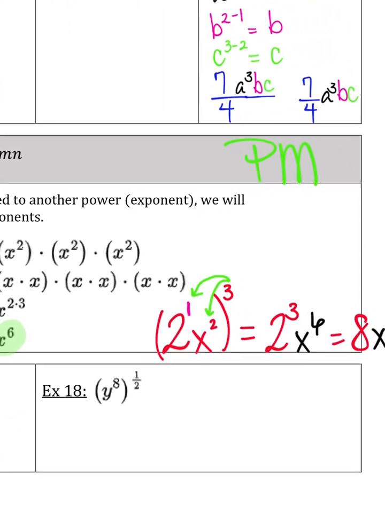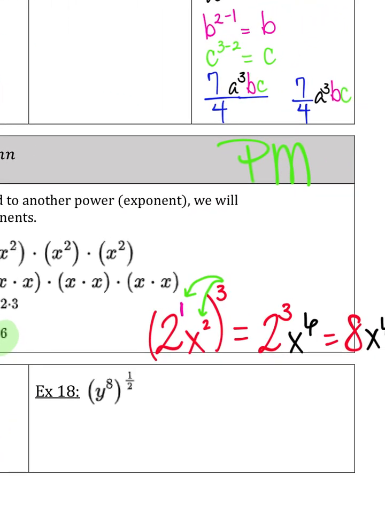In example number 18, we have y to the eighth raised to the 1/2 power. So I'm going to write y to the eighth times 1/2. You can multiply whole numbers by fractions. In this case, you would get y to the fourth power.